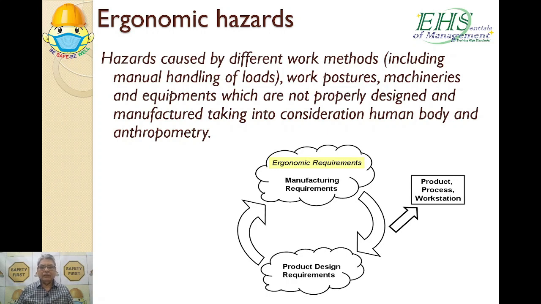So in ergonomics, we not only consider the product or the product design, but we also consider the process by which it is manufactured and the workstation on which the product is manufactured or some part of it is processed.